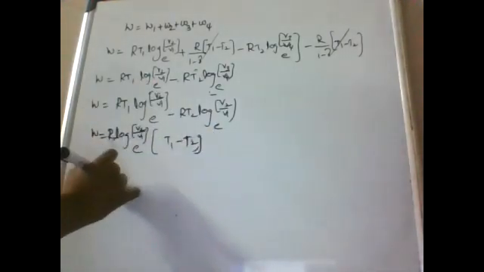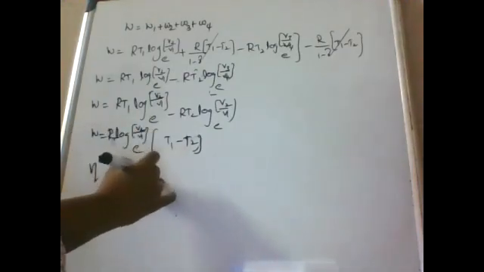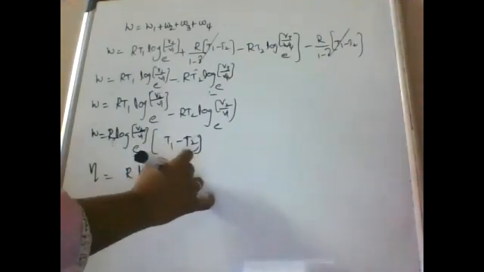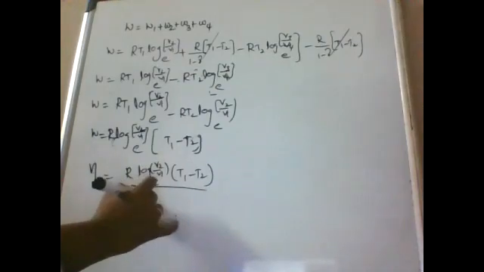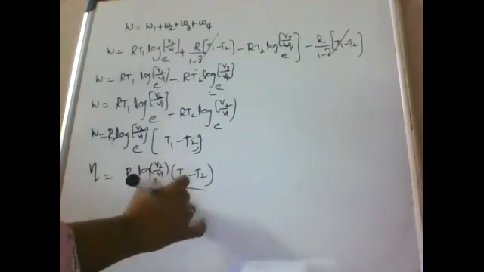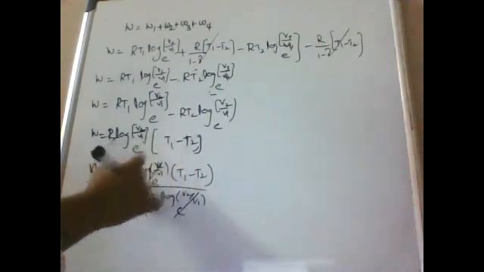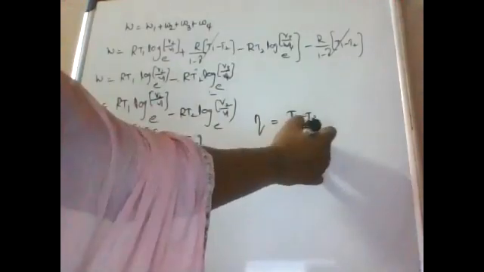Next, efficiency eta equals W by Q1. What is the W? This value: capital R into log of V2 by V1 base e into T1 minus T2, by Q1. What is the Q1 value? It is RT1 log of V2 by V1 base e. So this value gets cancelled, R gets cancelled. So eta equals T1 minus T2 by T1.